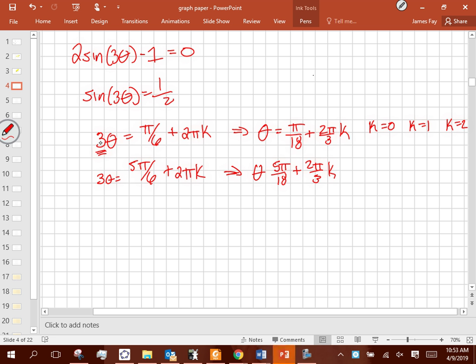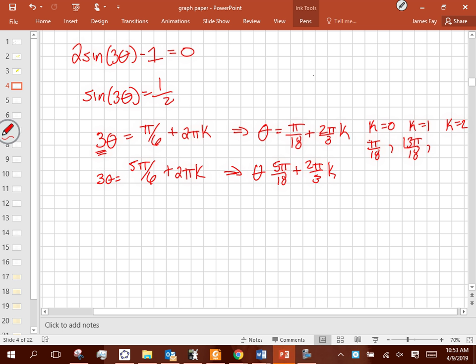A lot of times they'll call that n, and they'll say let k go from 0 to n minus 1. But now if k is 0, isn't this solution pi over 18? If k is 1, now I'm adding 2 pi over 3, which would actually be 12 pi over 18. So this gives me 13 pi over 18.